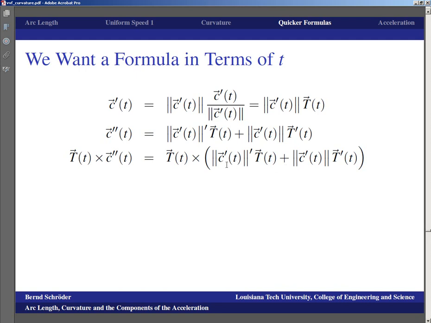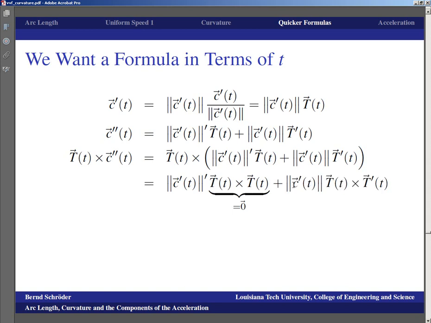And I realize, or you realize, one of the nice things that happens is T of t cross T of t, a vector cross itself, is 0. So as I multiply this out, I get the derivative of the norm of c prime times T of t cross T of t, which is 0, plus the norm of c prime times T of t cross T prime of t. And we realize that this part here goes away, which means the ugly stuff is gone. So that's nice.